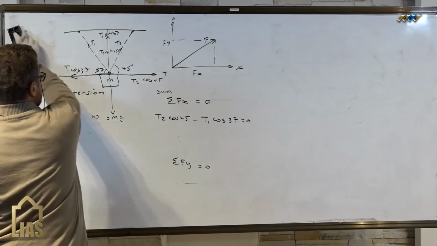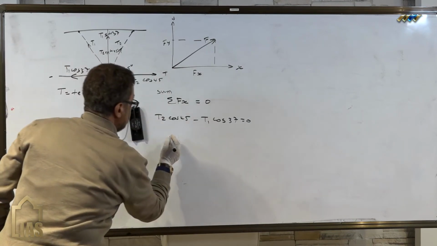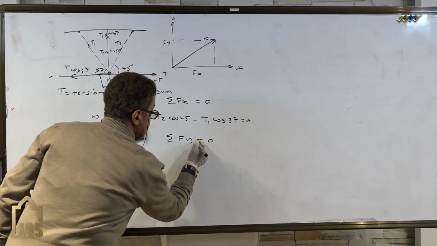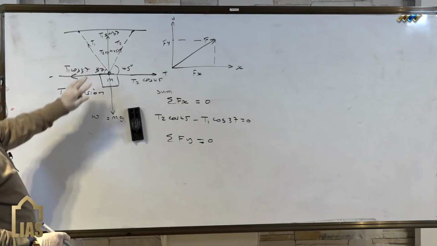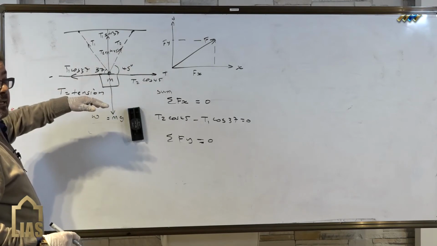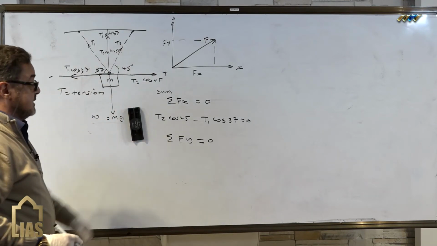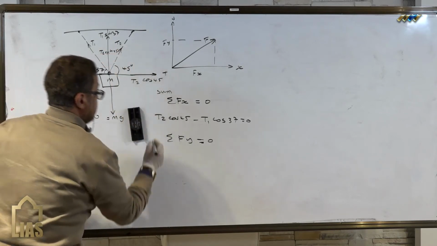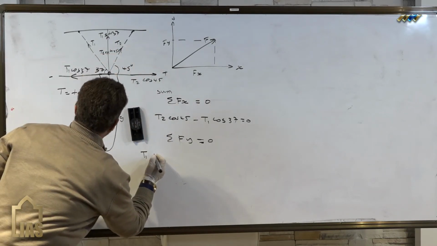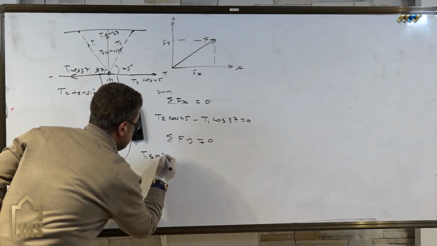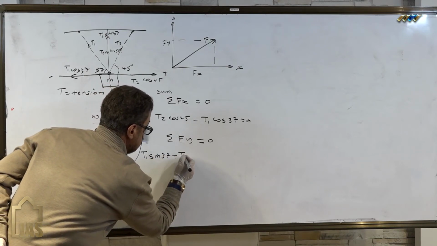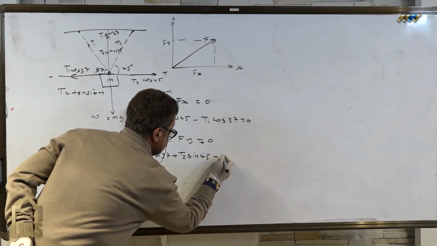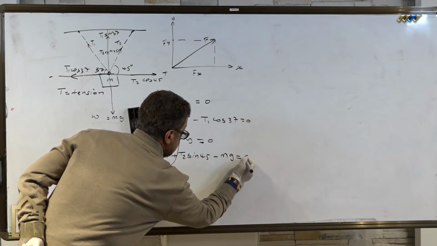For sigma Fy, also 0, because the body is not moving in the y direction. In the positive direction, we have T1 sine 37 plus T2 sine 45 minus mg is equal to 0.